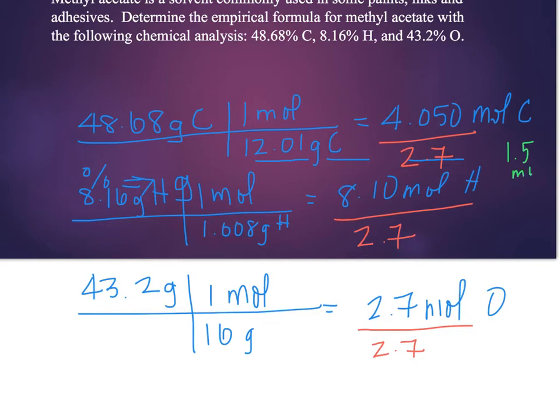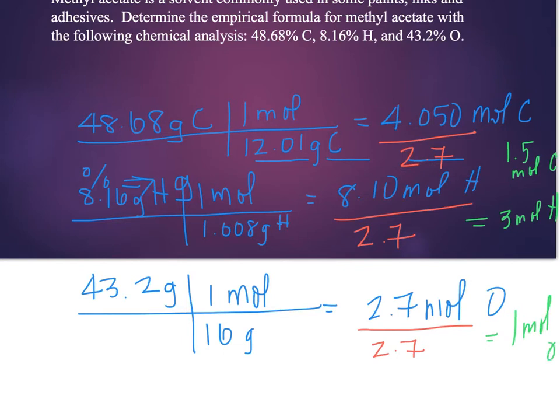That's moles of carbon. 8.10 divided by 2.7 is roughly 3 moles of hydrogen. And 2.7 divided by 2.7 is going to give me 1 mole of oxygen.